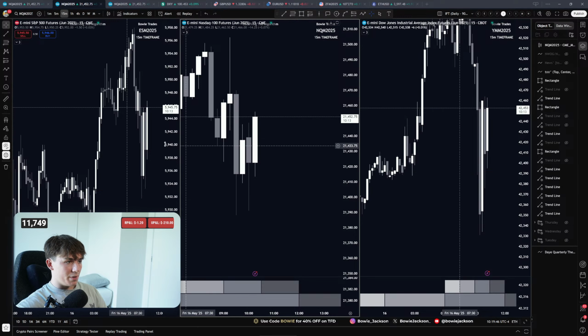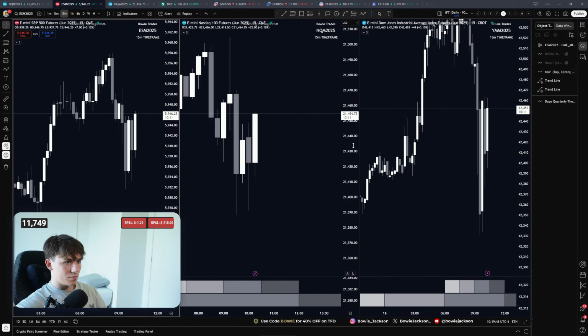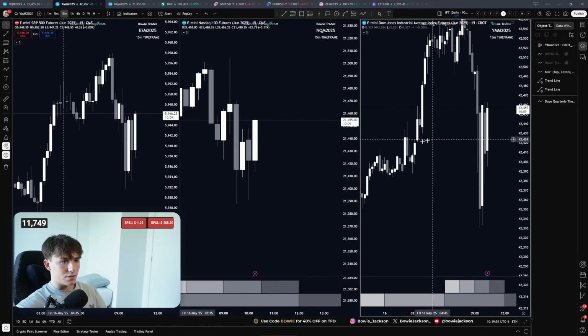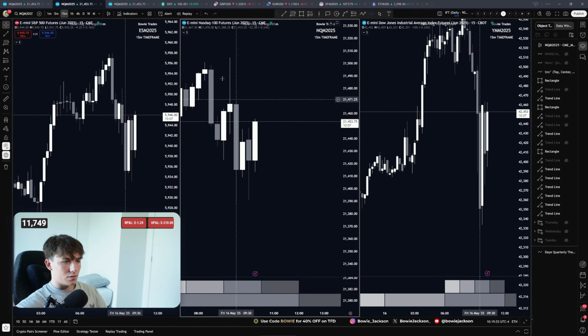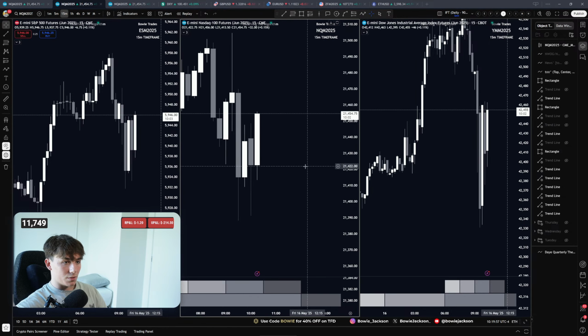So now this 50-minute close is really bullish. It's gonna be my sign to close the trade. We have 10 minutes left though in this candle.